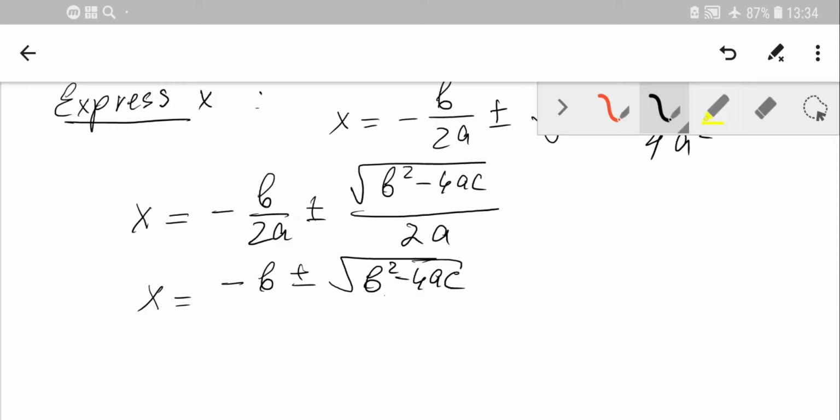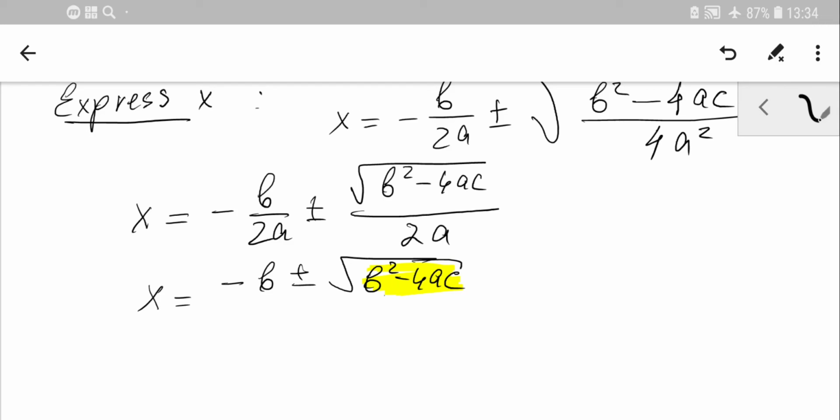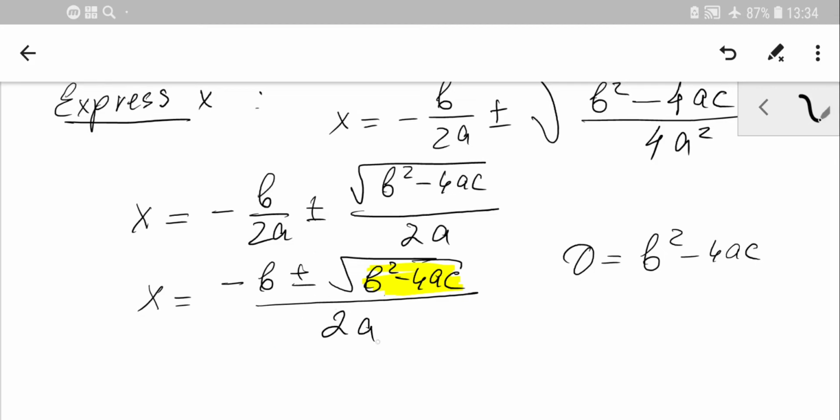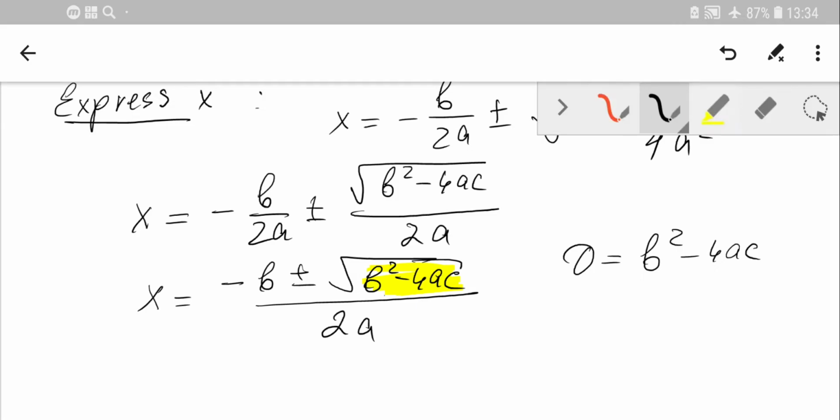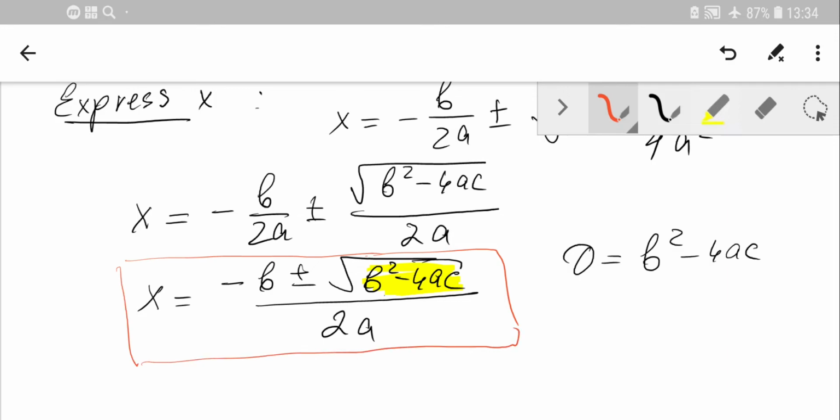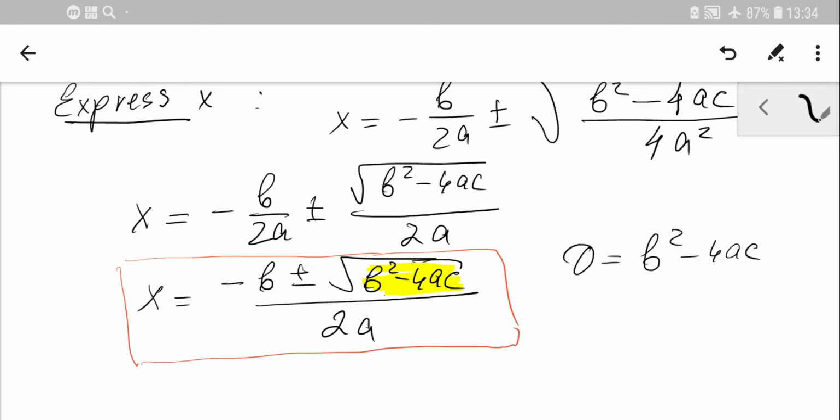So here, the thing that stays under the square root, this expression, is the discriminant. So just remember b squared minus 4ac. Okay, and I divide by 2a. That's actually how we derived the formula for how to find x if you're given a quadratic equation in the standard form.